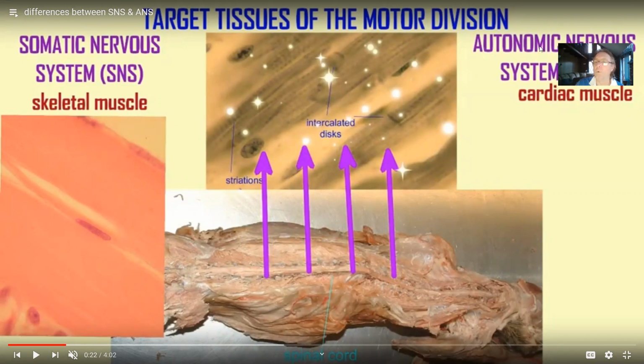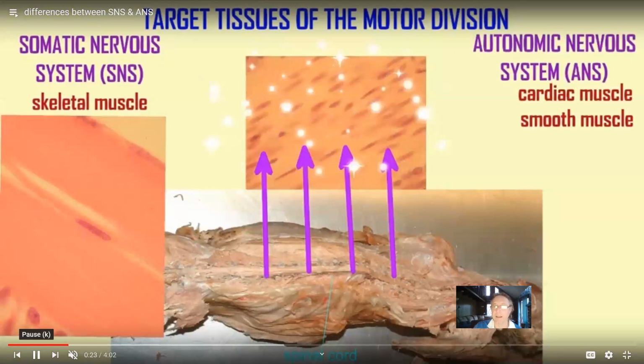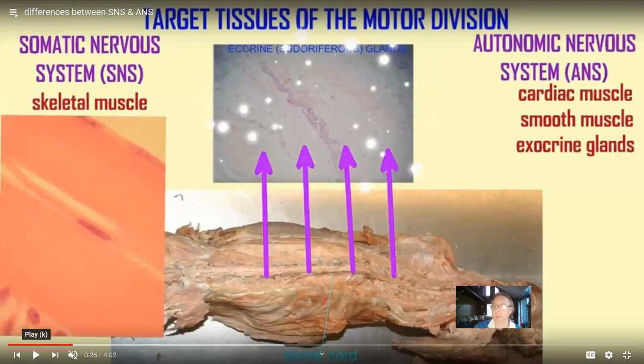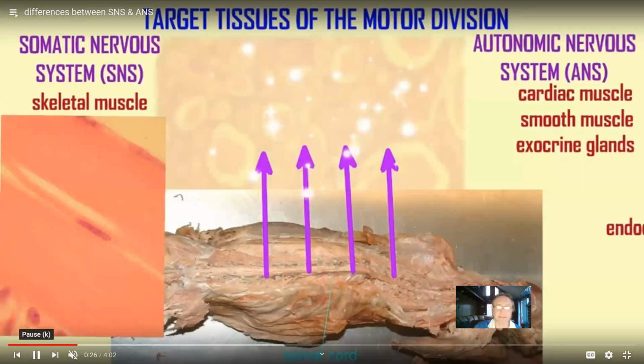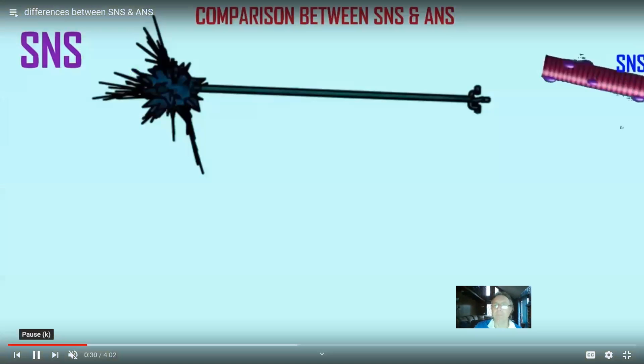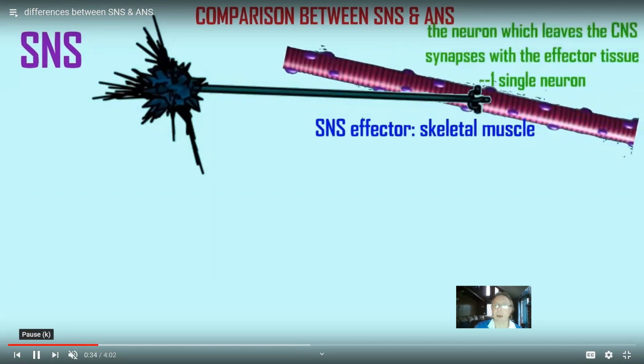However, there are more commands that go out other than those to skeletal muscle. So for example, the nervous system sends commands to cardiac muscle of the heart, smooth muscle, exocrine glands like sweat glands, endocrine glands, and there are even commands which go out to adipose and immune cells. And so therefore, this is a different part of the nervous system.